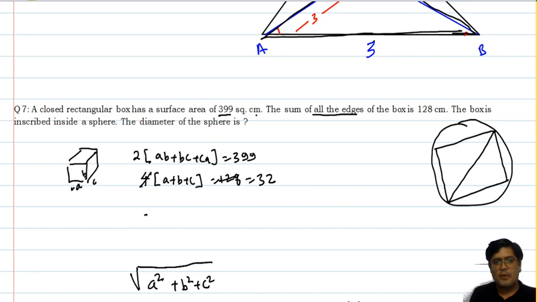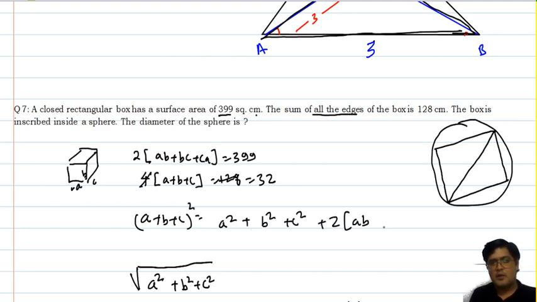Here I can apply the property of (a plus b plus c) whole square as a square plus b square plus c square plus 2ab, 2bc, 2ca. Now this I can find out as 32 squared, that is 1024. This is given to me as 399.